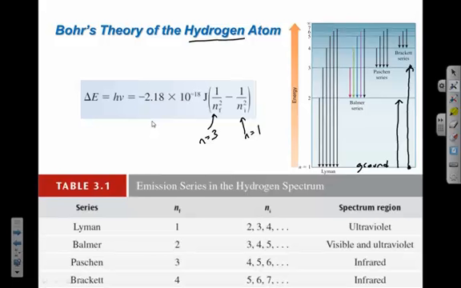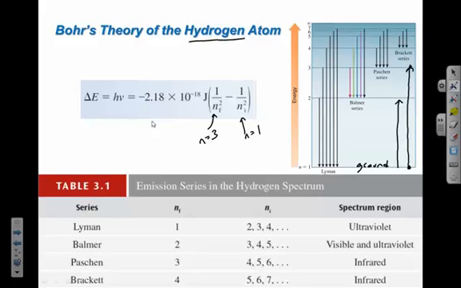How do I know whether that energy, when I put it into that formula, is an energy absorbed or an energy emitted? Well, that depends on whether the electron is moving further away from the nucleus, or whether it's already been excited and is going to move closer to the nucleus. If I'm pushing it away to a higher potential energy, that requires the atom to absorb energy.